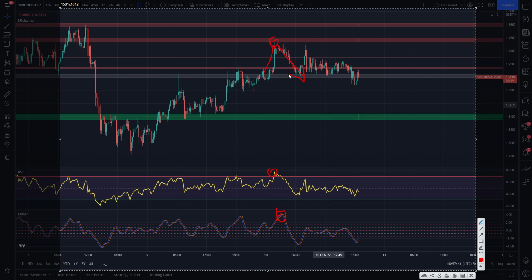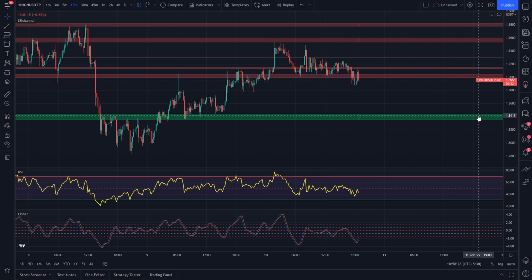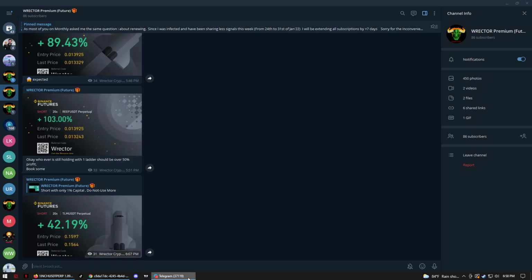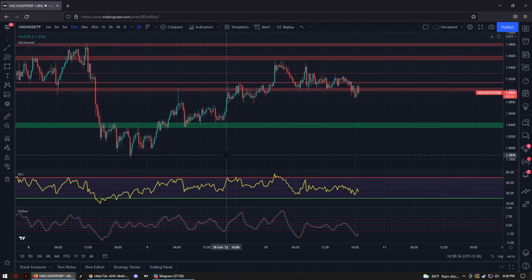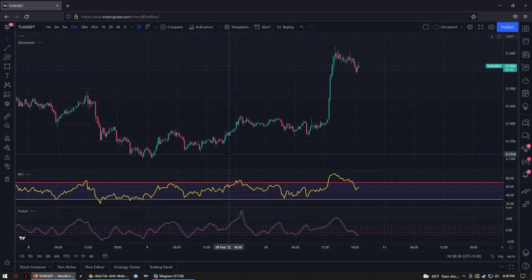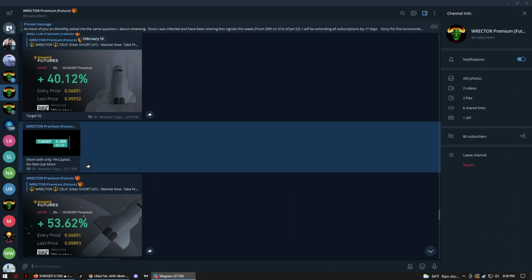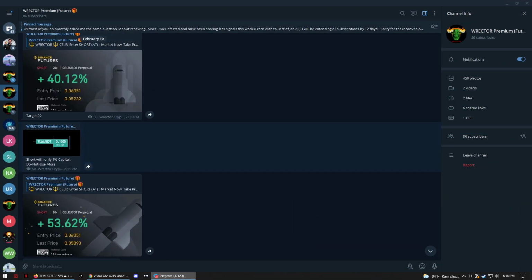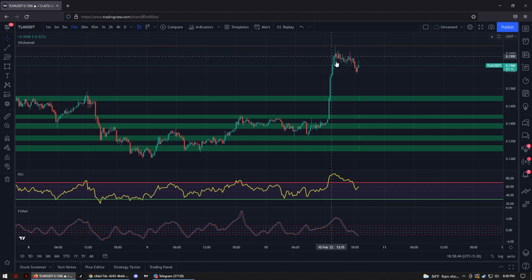Just to make sure that it works, I took two signals based on that. One was TLM, which is running profits of 40% right now. So let's go to TLM USDT. This was taken at probably the 0.16 area, which is at the very top.